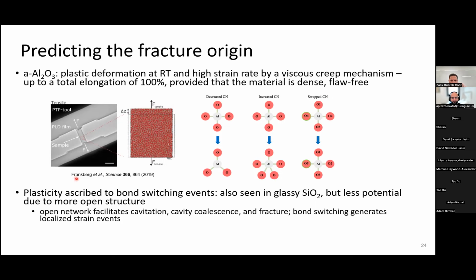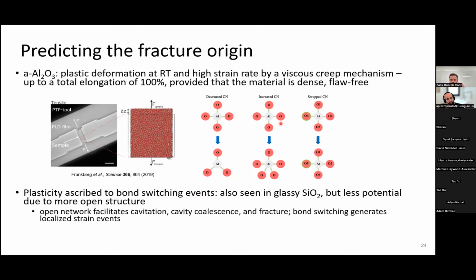but from Frankberg, looking at amorphous alumina, showing that at high strain rates, and if you can make it flaw-free, you can really get a very tensile deformation behavior of an amorphous material. And they ascribed this to structural changes at the atomic scale, these so-called bond switching events. So in this case, it's aluminum and oxygen, and how they change the coordination number.